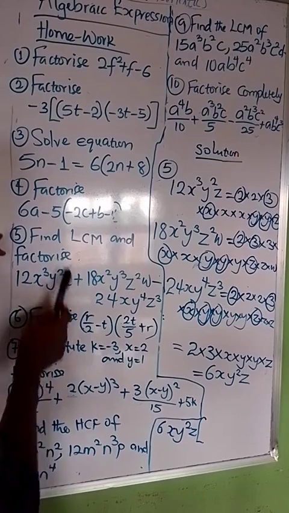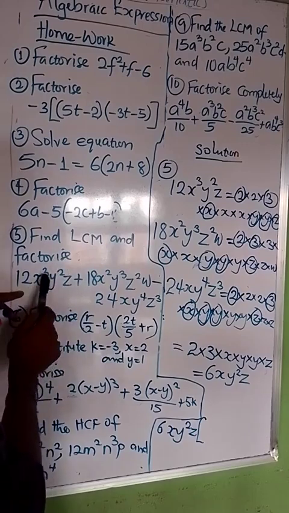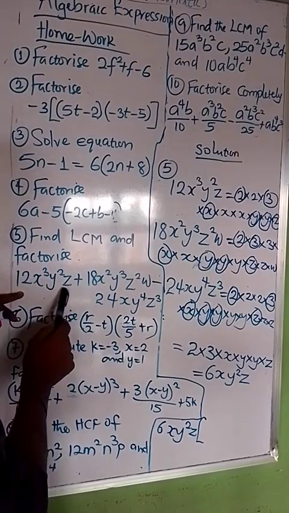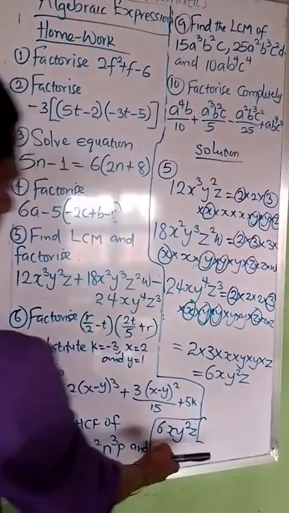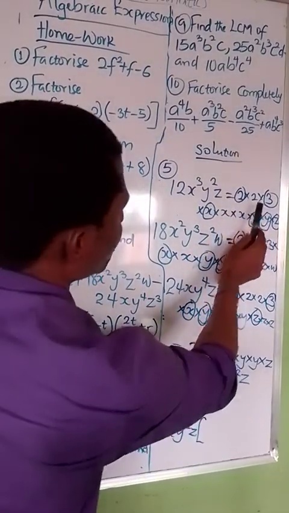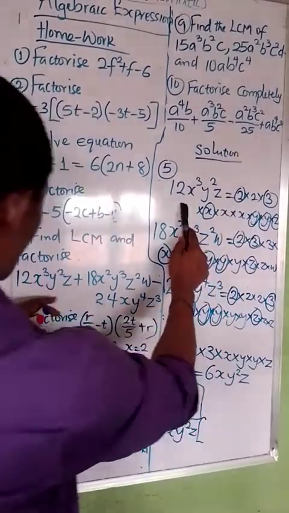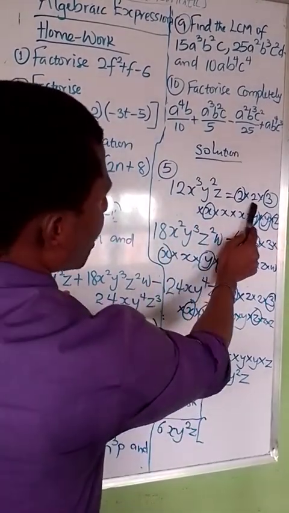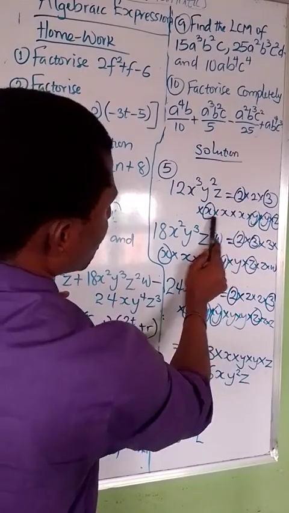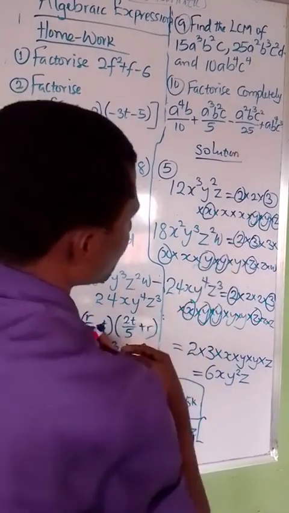Remember, this is the question: 12x cubed y squared z plus. After you have brought this out, what is left? 2 is left from 12x cubed y squared z, and 2x is also remaining.